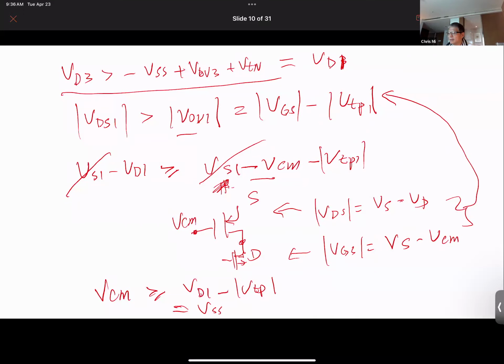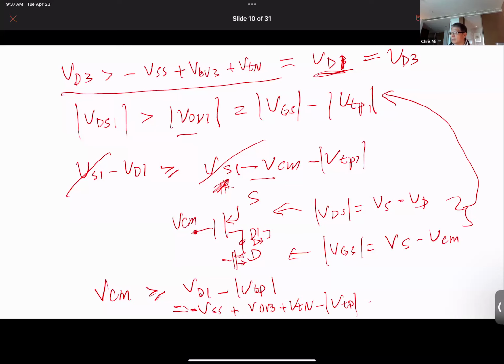D1 and D3 are together, so it's the same point. Therefore, we have minus VSS plus VOV3 plus VTN, and then minus VTP. Okay, so we get this lower bound.